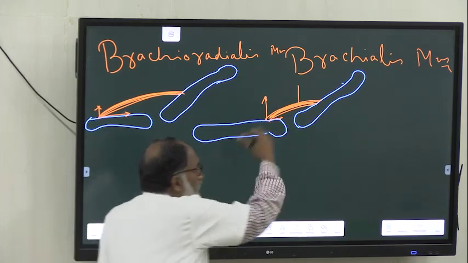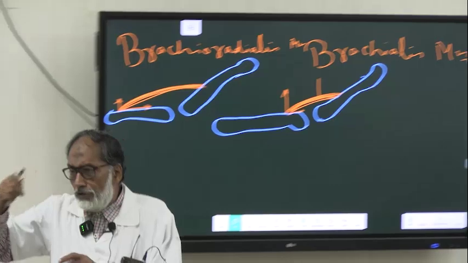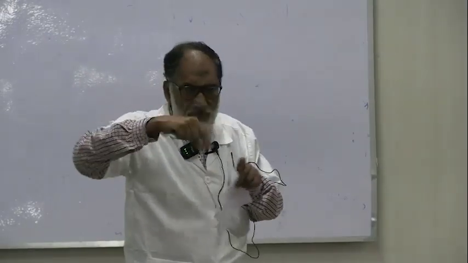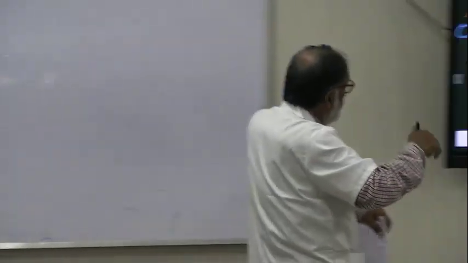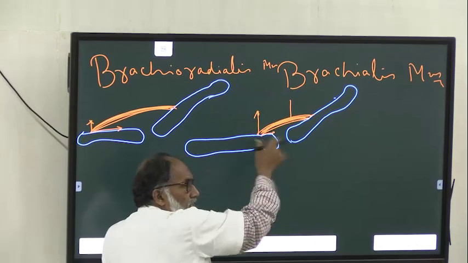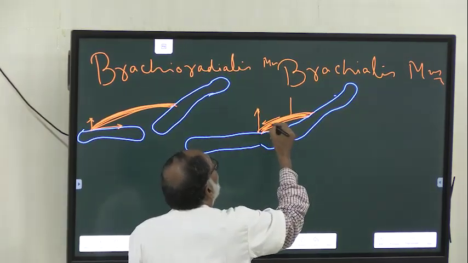When this muscle is contracting, if we divide this contraction force into vector analysis, it is resolved into vertical axis and horizontal axis. This is the vector. This is the pull of the muscle.